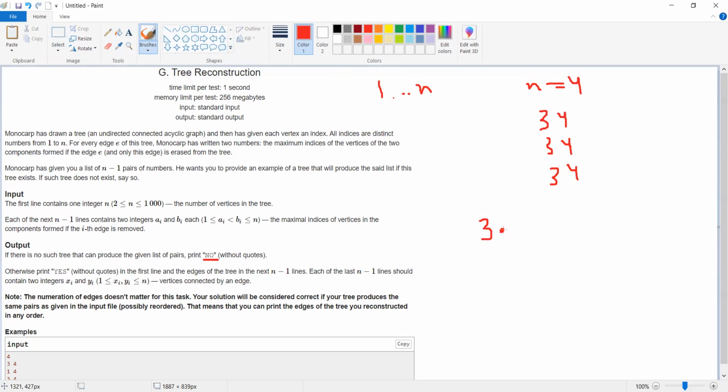We start with number 3 and we end with number 4, and all the edges will go like that, and the numbers in between will be 1 and 2. If I delete any of the edges, one part will have a maximum of 3 and the other part a maximum of 4. So what exactly does it mean that we have this 3-4 pair 3 times?